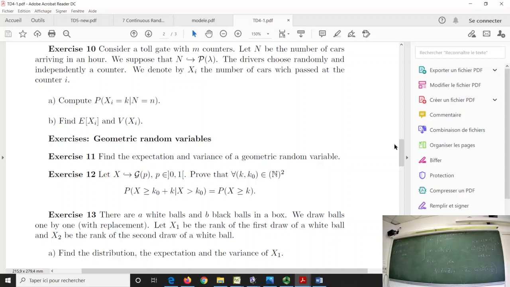And so, using the law of total probability, and the justification is that these events here are a partition of the universe.